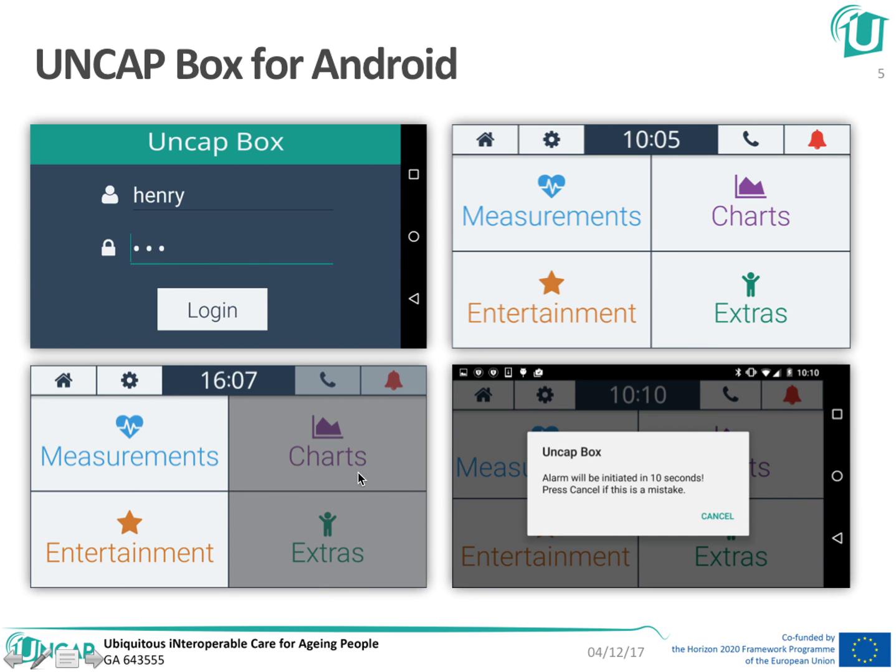Here you can see an example of the offline mode, which is also supported, which disables the features that can't be used when there's no internet connection, but some features can still be used even then, as we'll see later, for example, measurements and entertainment. And here we can see an example of the red button being triggered.